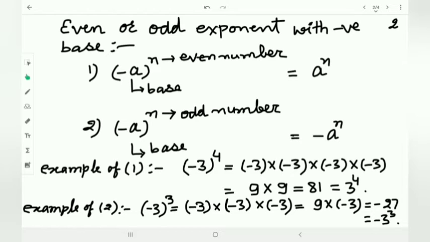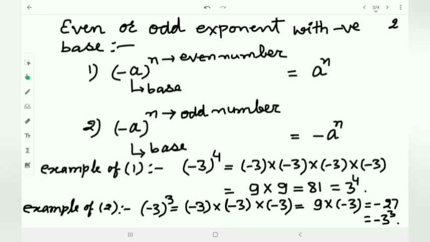And also for the second expression, example 2, minus 3, negative base, and the exponent is an odd number, which is 3. It means you have to multiply minus 3 three times, then you will get 9 into minus 3, which is equal to minus 27.